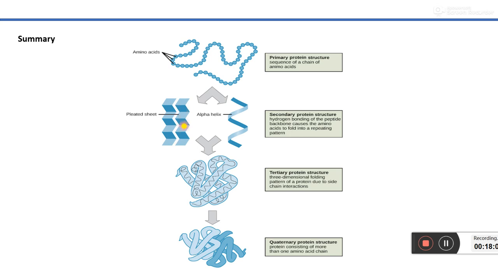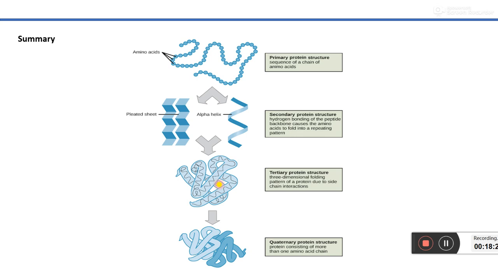And after that, in the next step, these secondary structures of proteins again fold with the help of different bonds, strong and weak bonds like covalent bond, hydrogen bond, disulfide bond, ionic bond, and hydrophobic interaction.